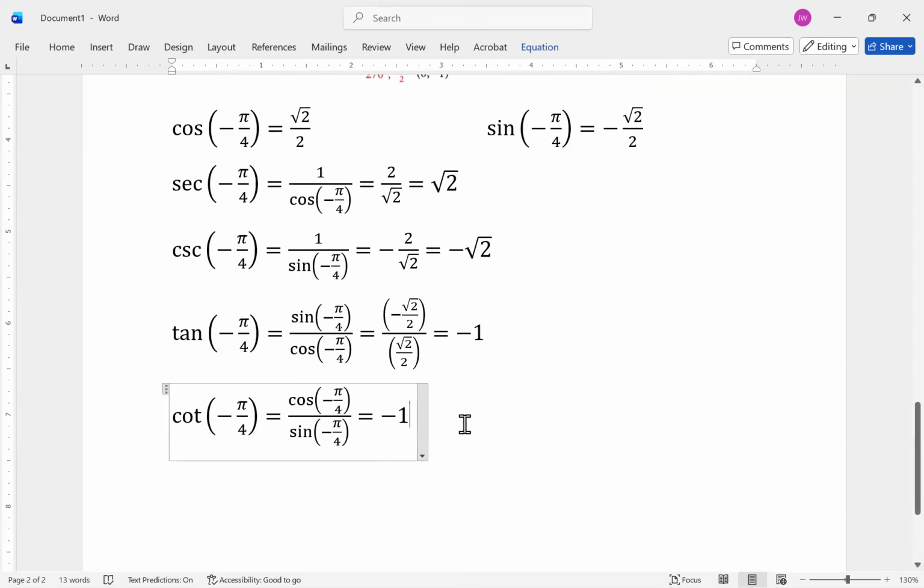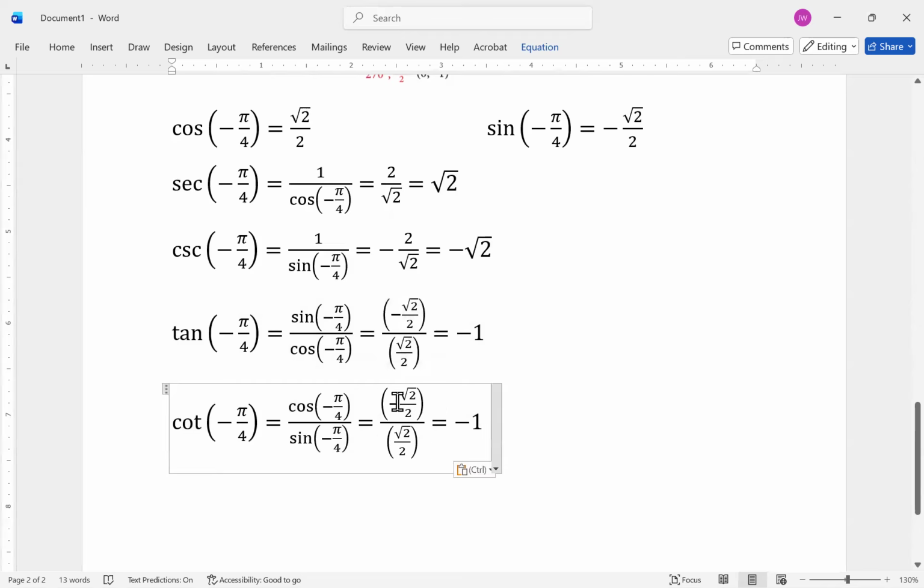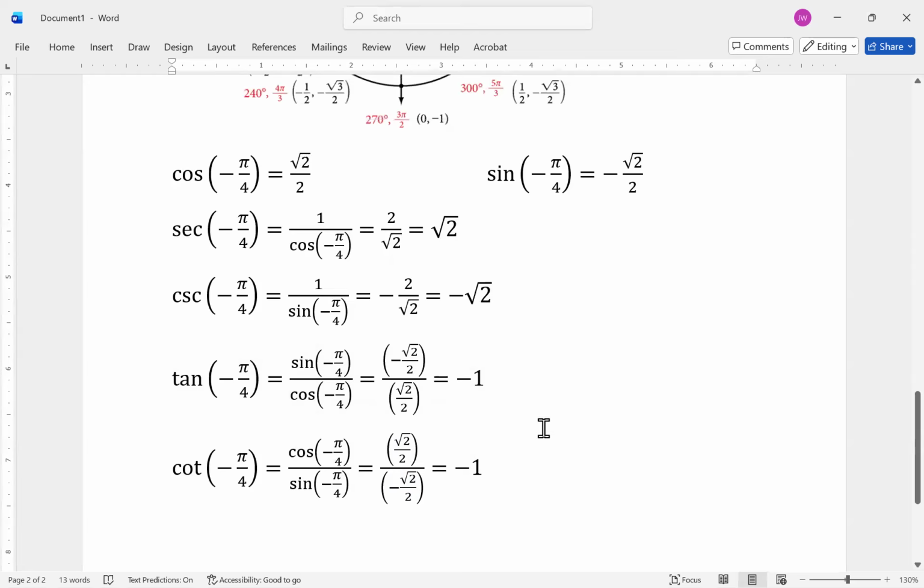I'm going to get a positive root 2 over 2 divided by a negative root 2 over 2. I guess I can just copy and paste it from the above expression, but now changing the negative to be on the bottom and the positive one to be on the top. So I get negative 1 as the value of cotangent of negative pi over 4.